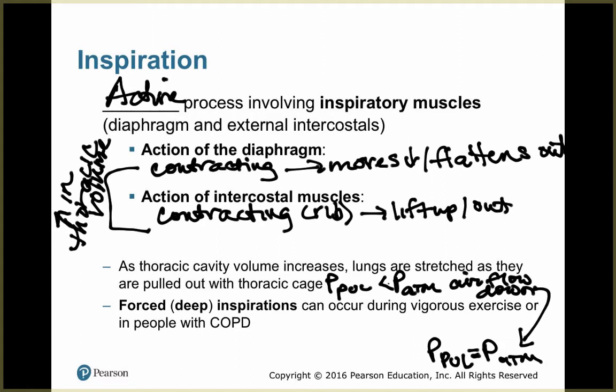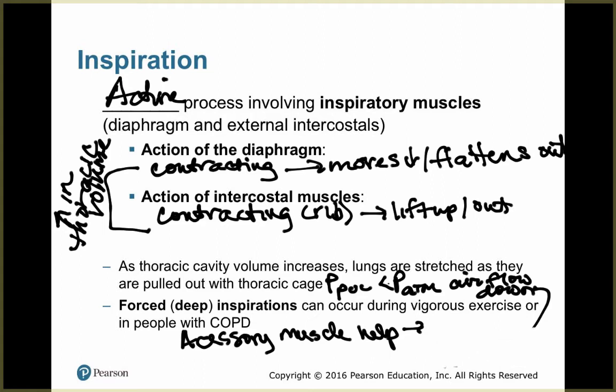How that works is you get accessory muscles to help make the cage, or thoracic region, even bigger, right?